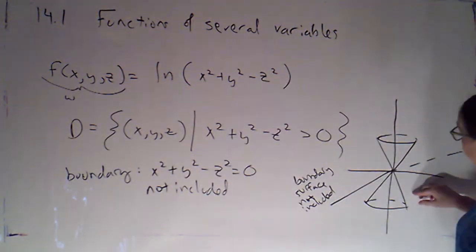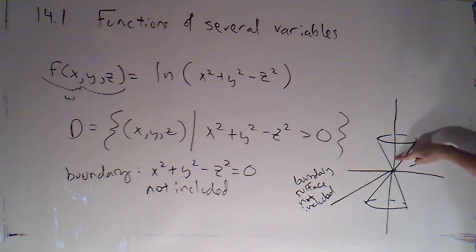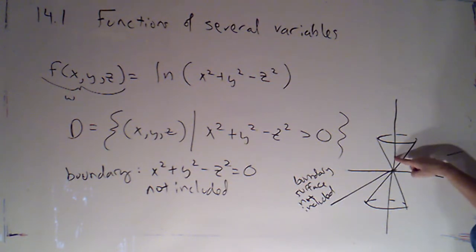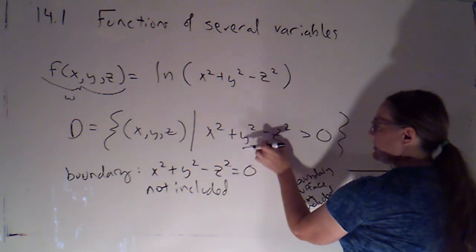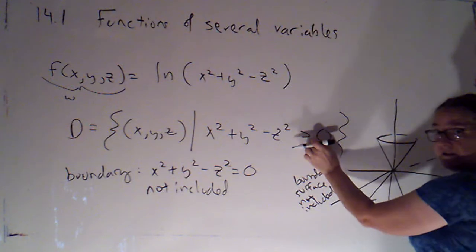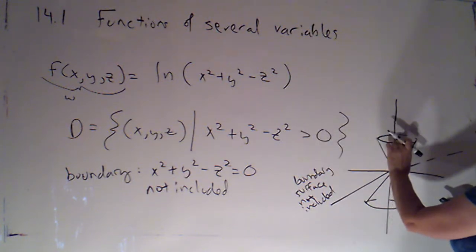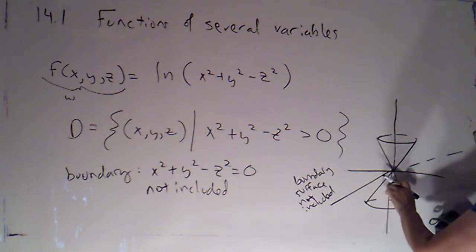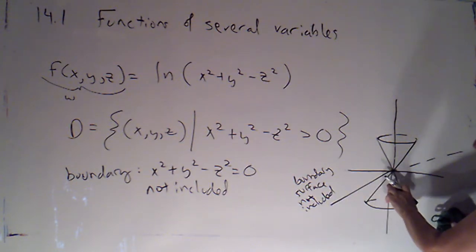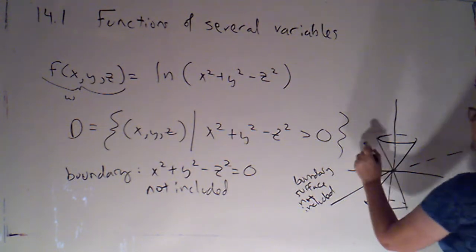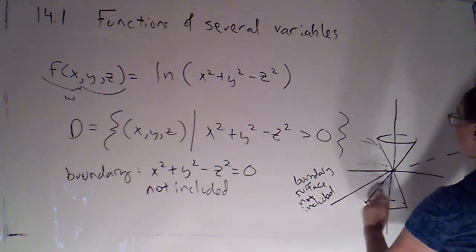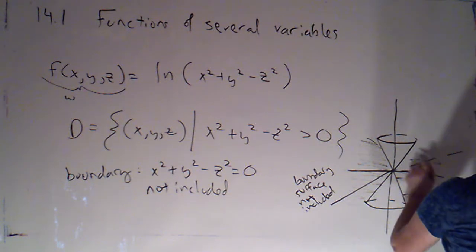So if I take a look at a point right here, x and y would be 0, but z would be, let's say, 1. Okay. 0 minus 1 is not bigger than 0. The inside of the top half of the cone is not included. Below, I would get the same thing. If x and y are 0 and z is negative 1, I would get something negative. So what I want is the outside of the cone.